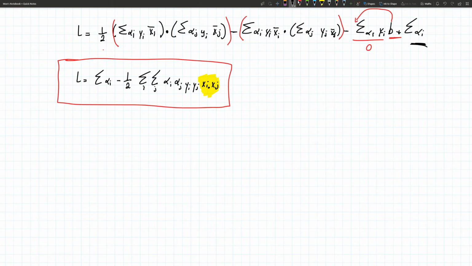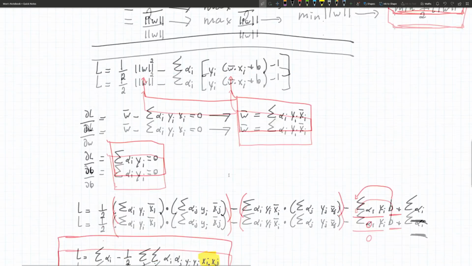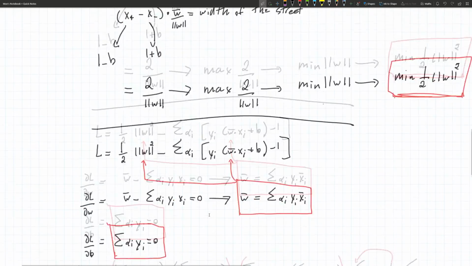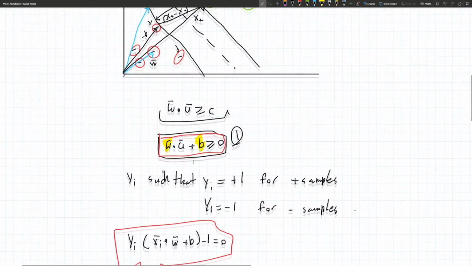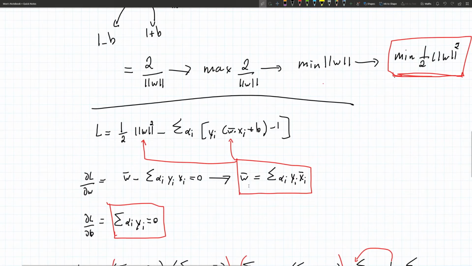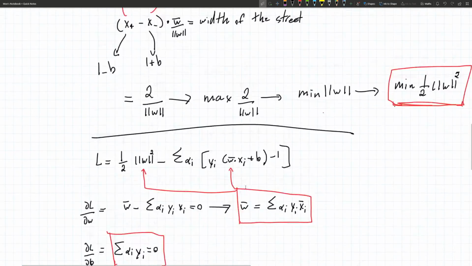Then, we have a value of w, we have this expression, this formulation, and then we have the decision rule here. So let's apply w to the decision rule.